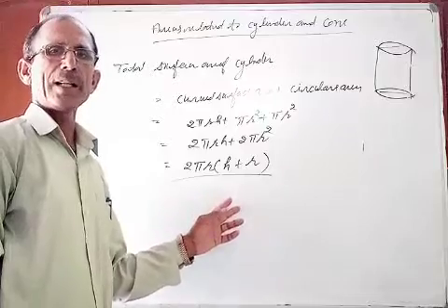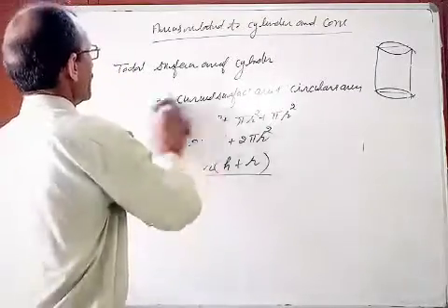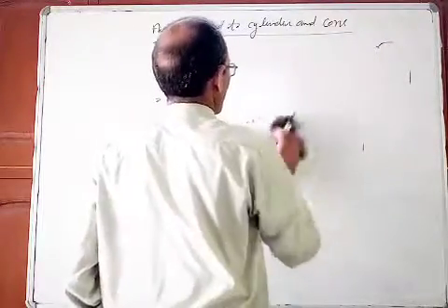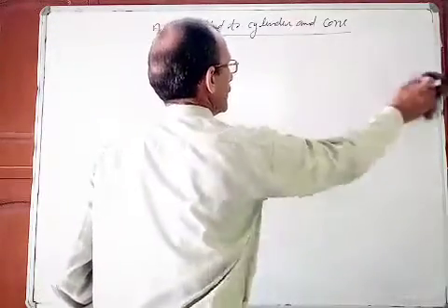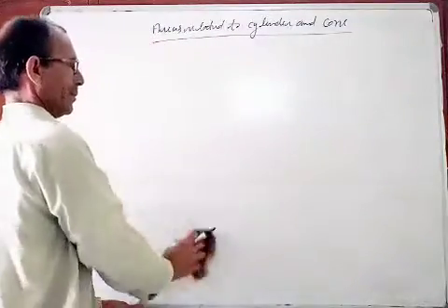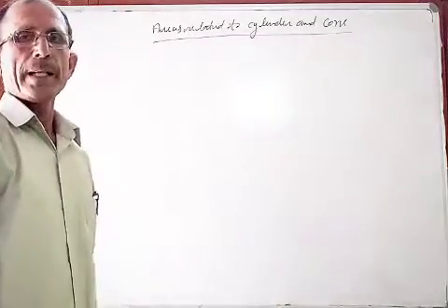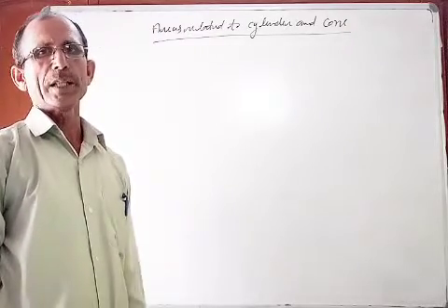Now one question related to cylinder. The base radius of a cylinder is 7 cm and height is 4 cm.